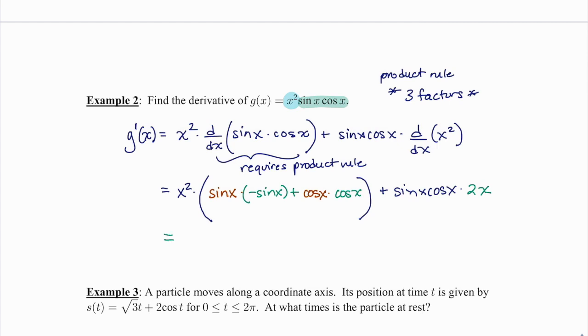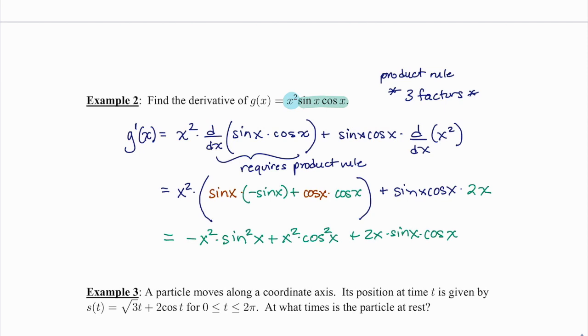We could say this is maybe negative x squared times sine squared x plus x squared times cosine squared x. And then plus 2x times sine x times cosine x.